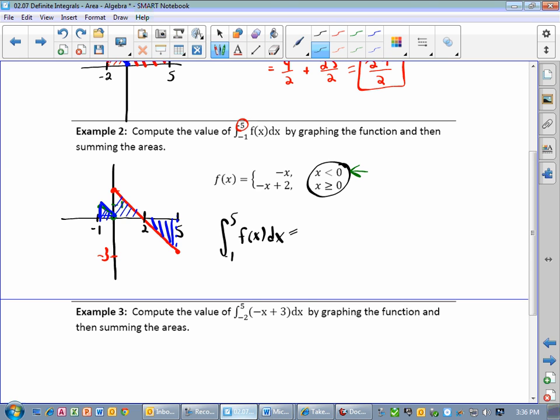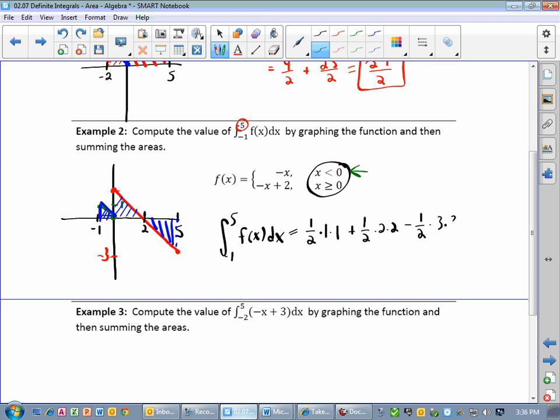So we've got one triangle. So that's 1/2, with a base of 1 and a height of 1. So 1 times 1. Plus another triangle with a base of 2 and a height of 2. So 1/2, 2 times 2. And then we've got an area below the x-axis, so we'll have minus 1/2. And this base is 3, the height is 3.